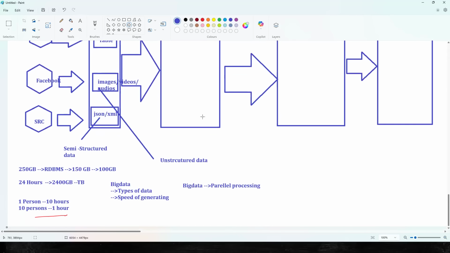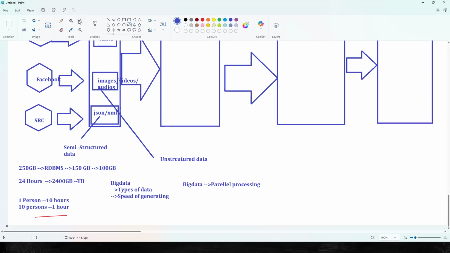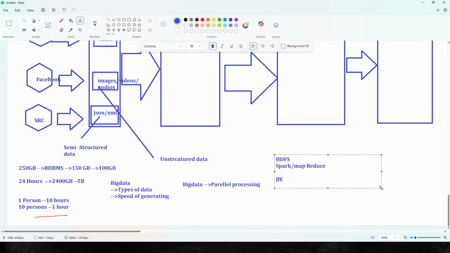Sir, what is going to happen? Here the important thing we are going to use is HDFS, and Spark or MapReduce. And here you should be aware of Hive, HBase, which is a NoSQL database, and Cassandra.